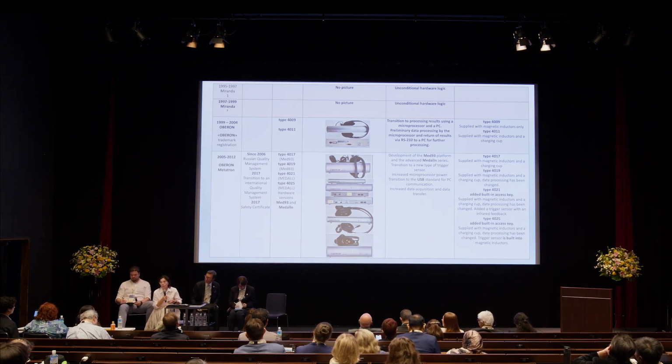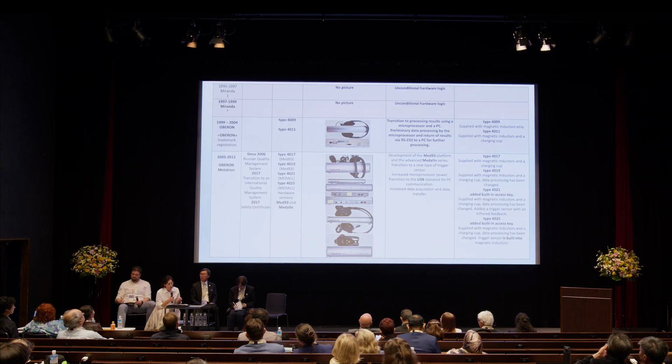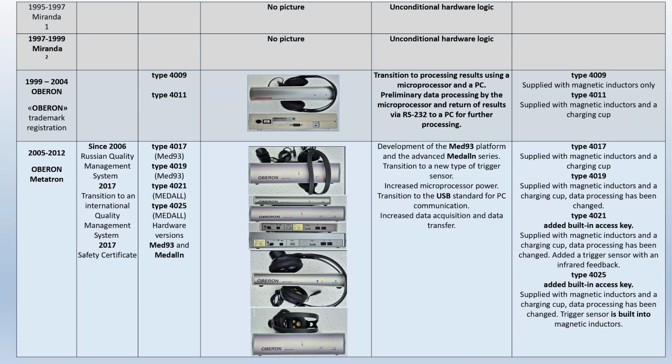Again, the development goes forward, and from 2005 until 2012 there was the Aberon Metatron device. In 2005 it was registered in Russia by the Ministry of Healthcare as a Class 2B medical device.